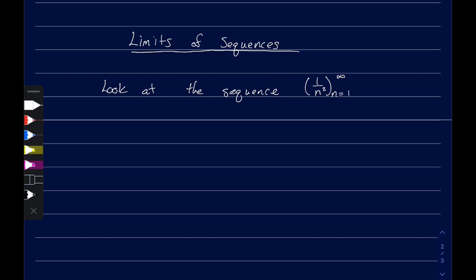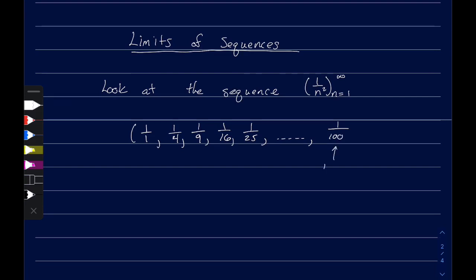So let's go ahead and look at some values of the sequence. So we have 1 over 1, 1 over 4, 1 over 9, 1/16, 1/25, and so on.